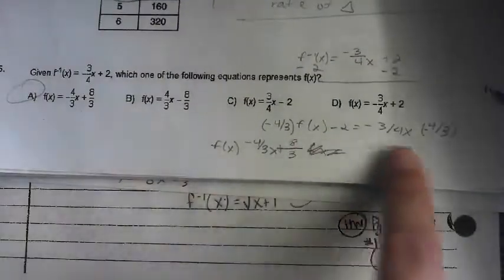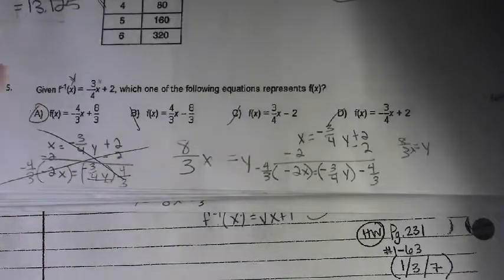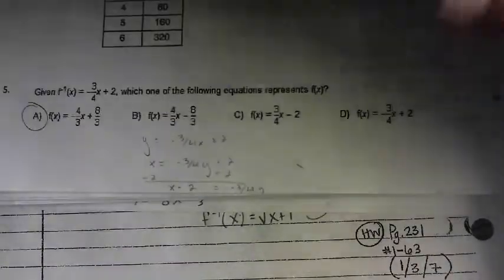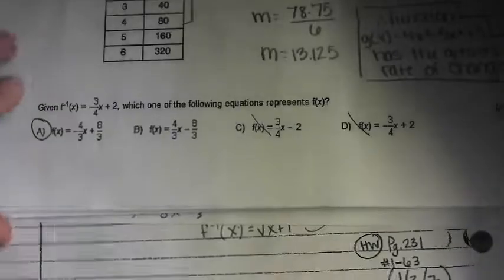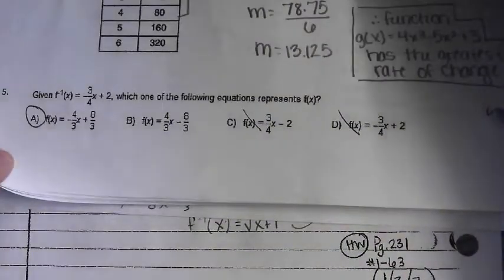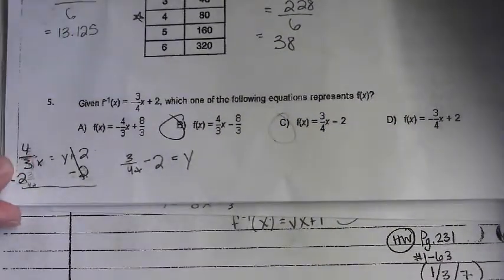Then you've got someone who actually did the process and they get it right. But no work, wrong. They did all the work, they got it right. Well, this person either cheated or got lucky. What did this person do?